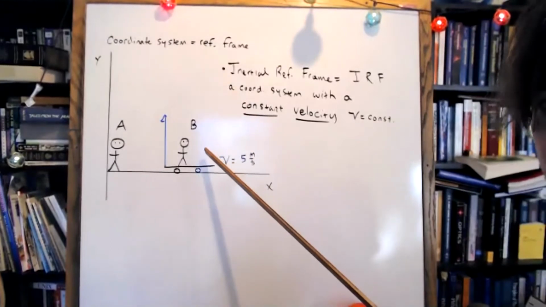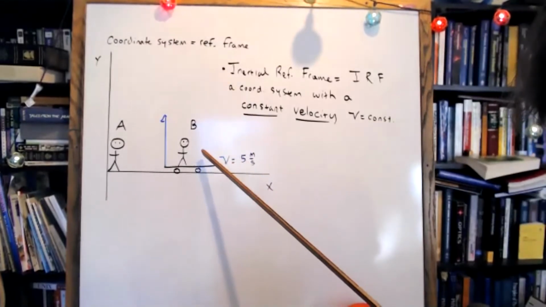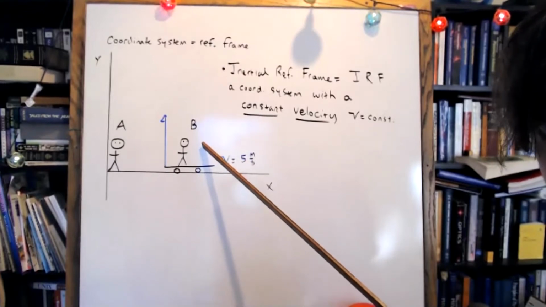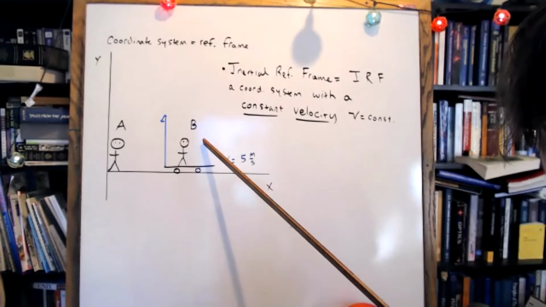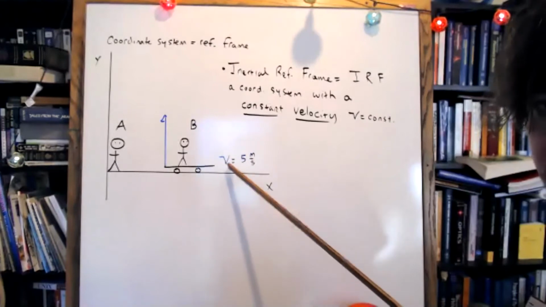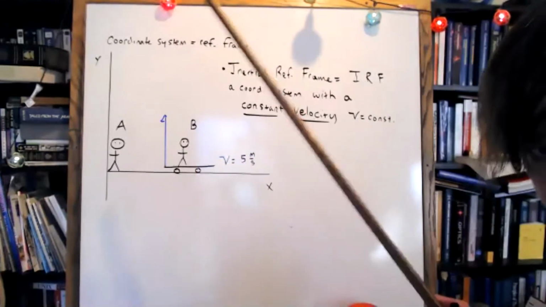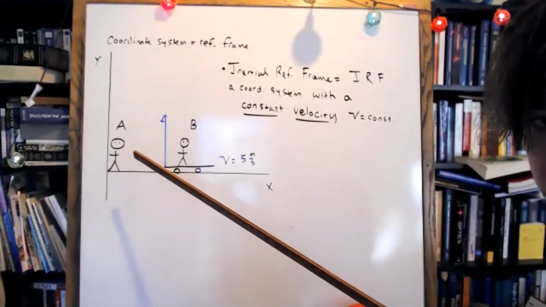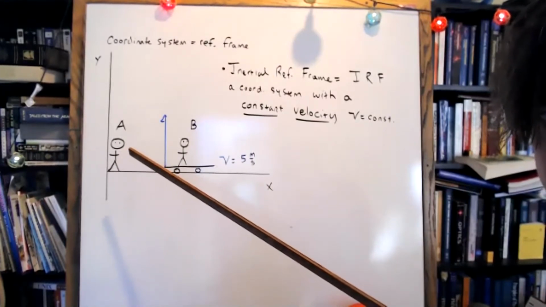Class, does observer B constitute an inertial reference frame? Yes or no? I'm pitching you a softball here, class. Yes. Yes, Mariah, because it's traveling at a constant velocity. Mariah, does observer A constitute an inertial reference frame?